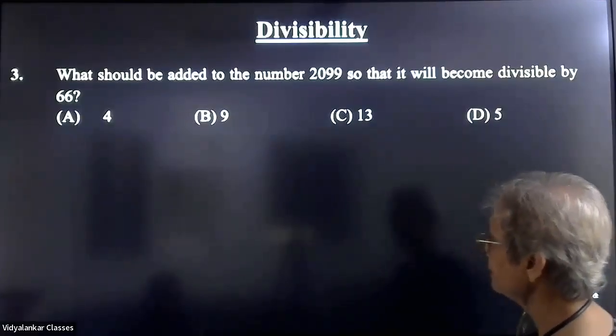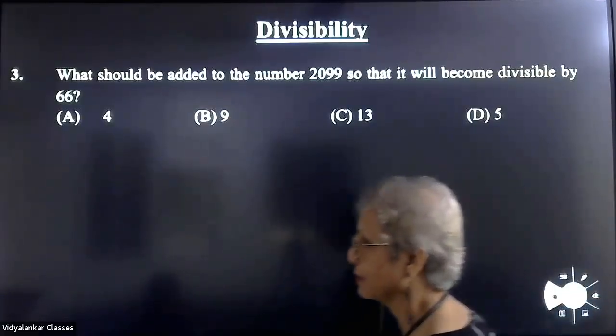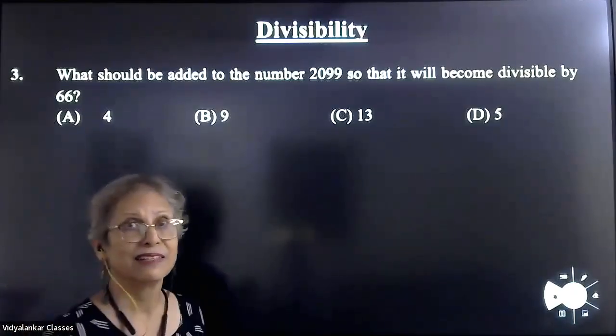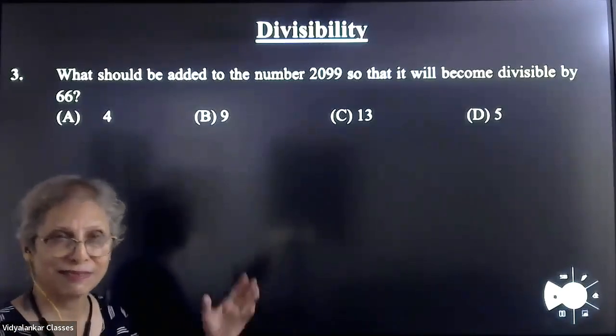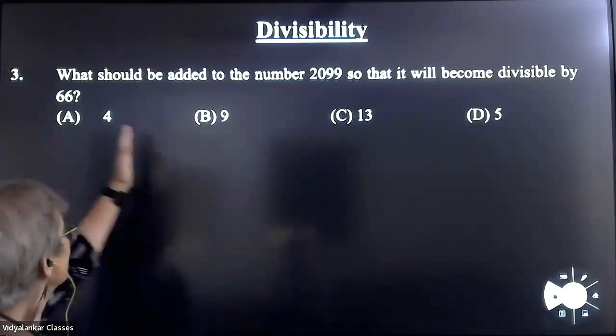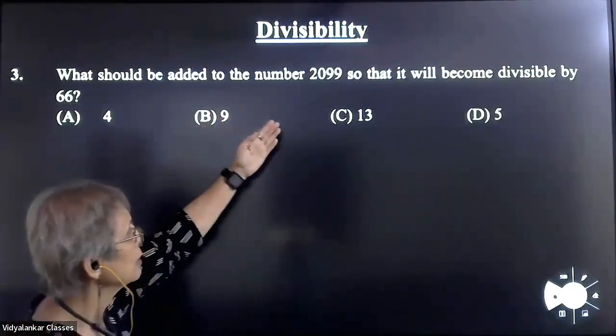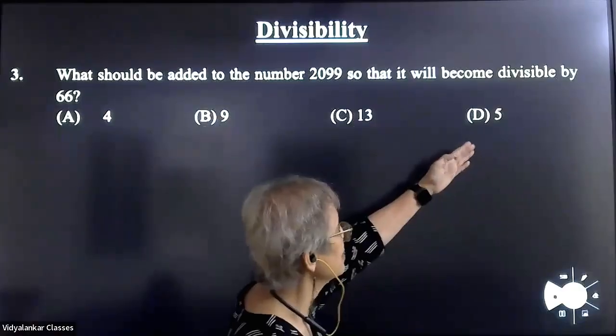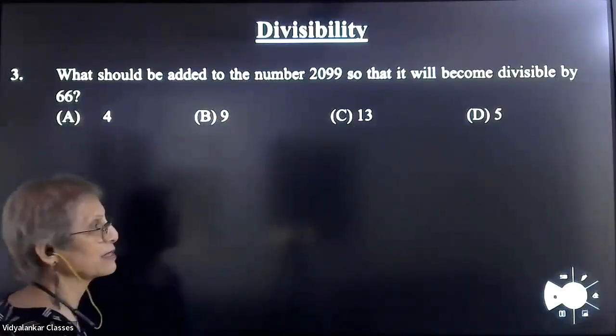See now, here is our first question. As I have told you in previous lectures, they are not straightforward questions, they are slightly tricky questions. See what is here. What should be added to the number 2099 so that it will be divisible by 66?